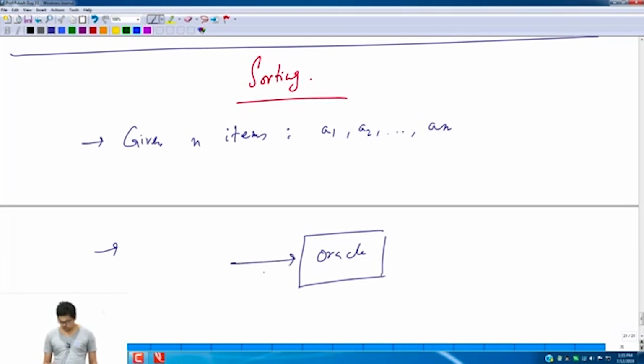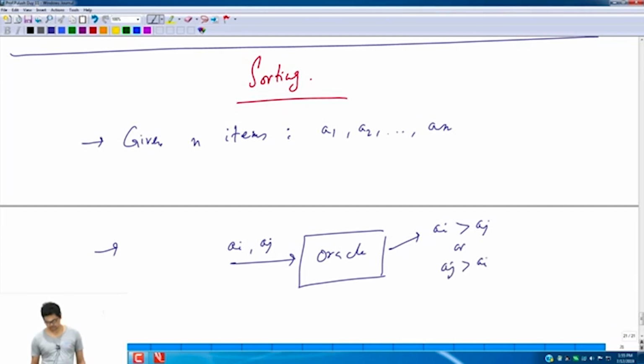If you give two of these items, say Ai and Aj, as input to the oracle, it will tell you whether Ai is greater than Aj or Aj is greater than Ai in some way.